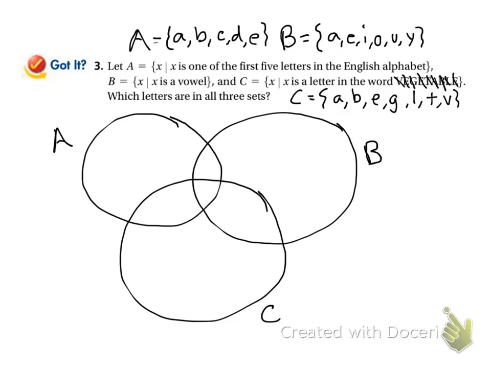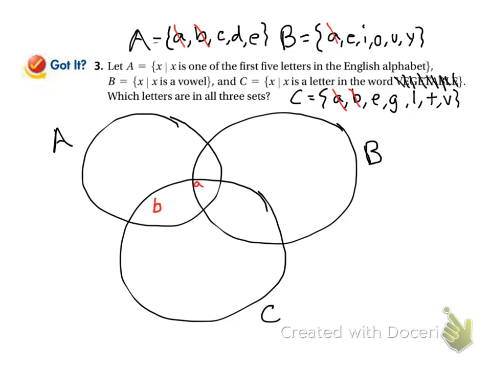So all of them have an A, so A goes in the middle. I'm going to cross off A in each of them. Set A also has a B, and set C also has a B. So that goes in the one that A and C are sharing.